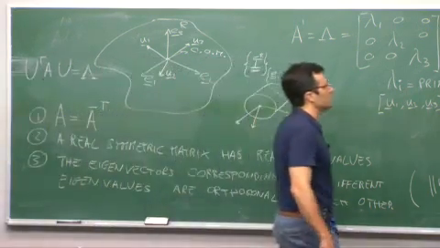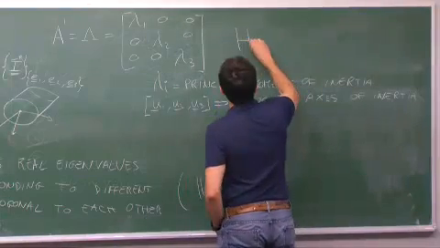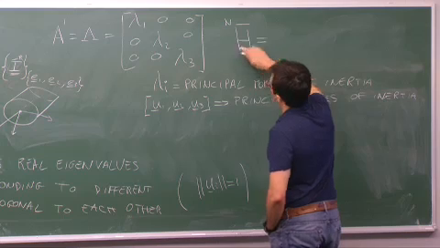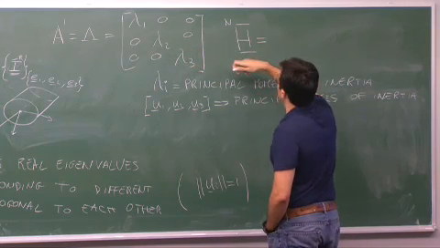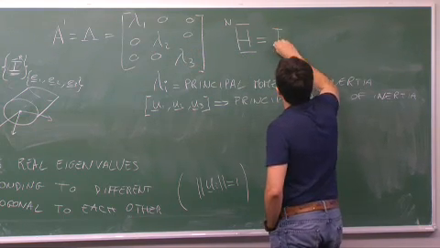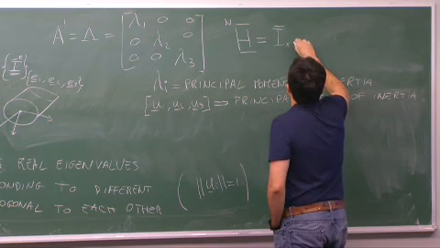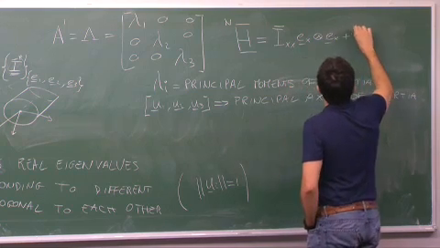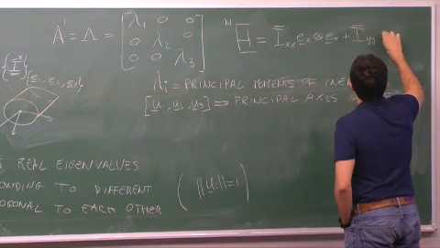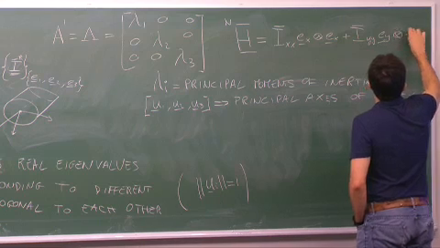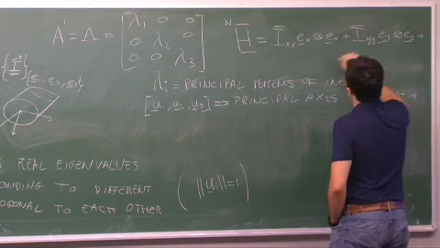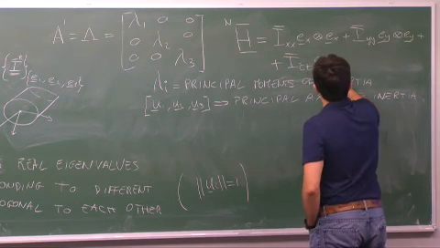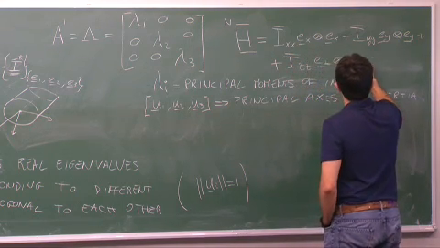The obvious convenience is that when you do your H bar in N, if this is how the tensor of inertia looks, you will only have I bar XX, EX circle cross EX, plus I bar YY, EY circle cross EY, plus I bar ZZ, EZ circle cross EZ, and you stop right there.